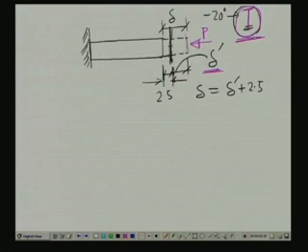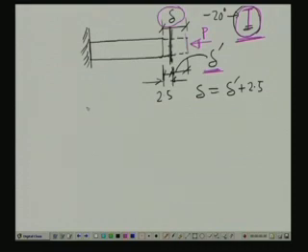So, if we now calculate the compatibility equation from this particular concept, from the concept of this deformation, if we now compute the compatibility criteria, then what we can do is, delta is equals to the deformation which we are getting in the bar, which we have designated as delta, because of the change in the temperature.